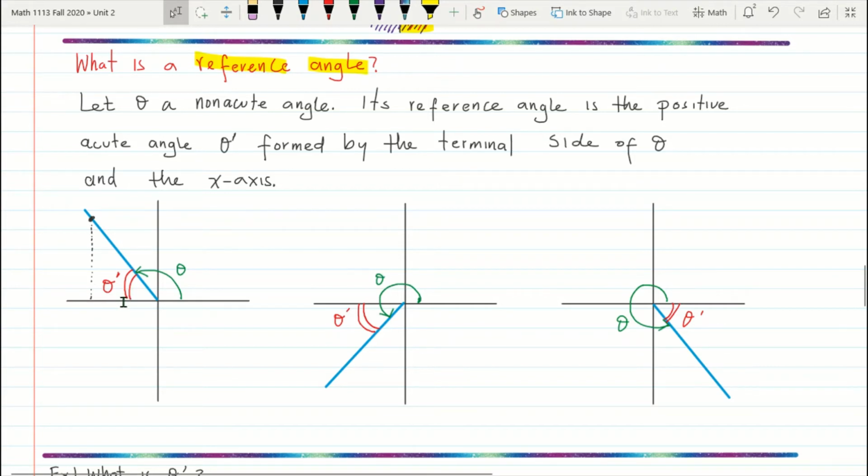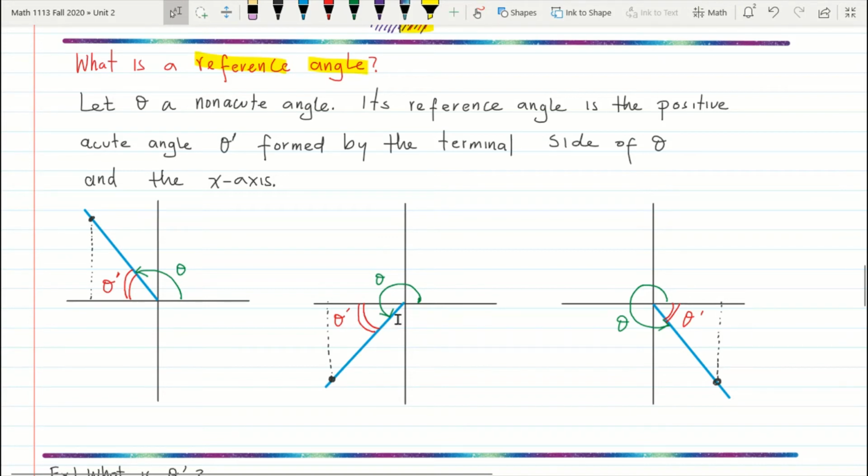So in red is what is known as the reference angle, okay? For these three pictures, which happen to be in the second, third, and fourth quadrant, they all have a reference angle, okay? The green is the real theta, if you want to look at it that way, and the red is the reference angle.